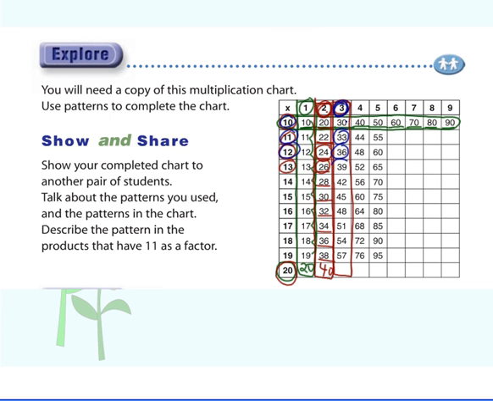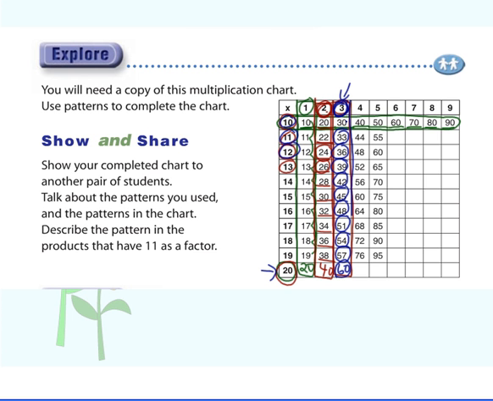So 36, 39, 42, 45, 48, 51, 54, 57. 3 more will be 60, which makes sense because 3 times 20 equals 60. Is this making sense? So patterns in a multiplication chart follow the same patterns that they do in other charts.